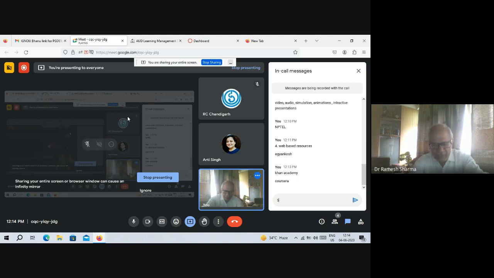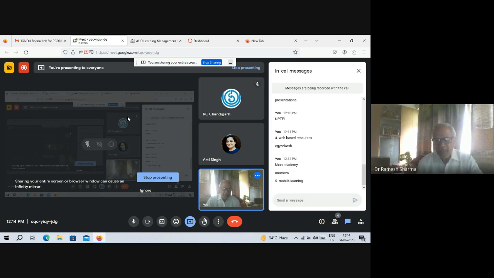Then the fifth is mobile learning. We have Professor Suresh of the Computer Science Department in IGNOU. Long back, the School of Computer and Information Science started mobile services for the students in the form of sending bulk SMS.